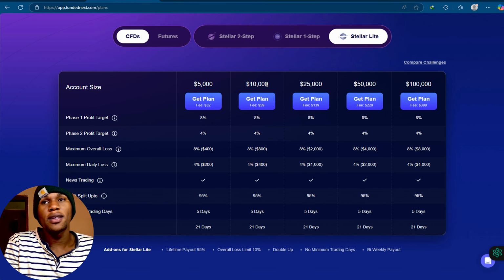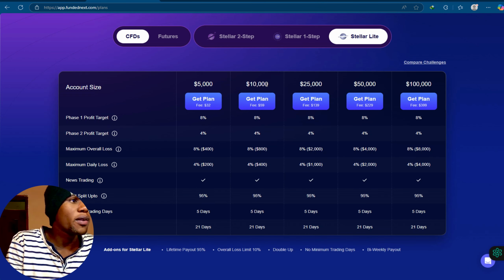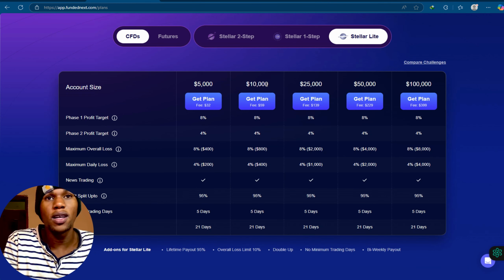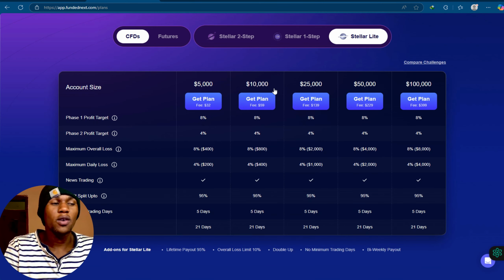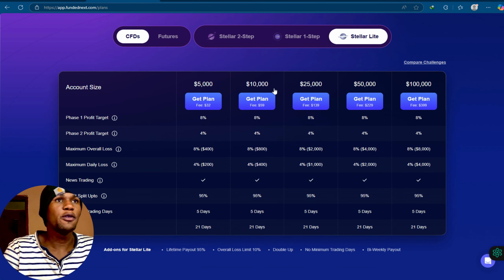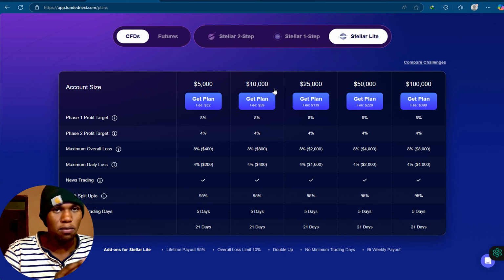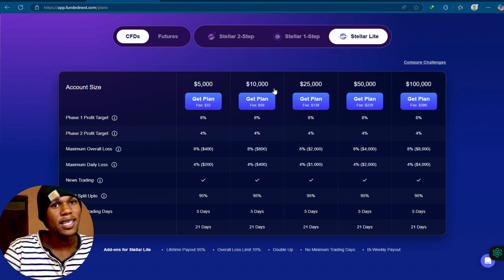Because remember, the more you prove to the people that you can really trade, the more they will elevate you and add more capital. I don't know what they call it, I've forgotten. But let's say you trade for the first month perfectly, making consistent profits, they will give you more capital to trade.